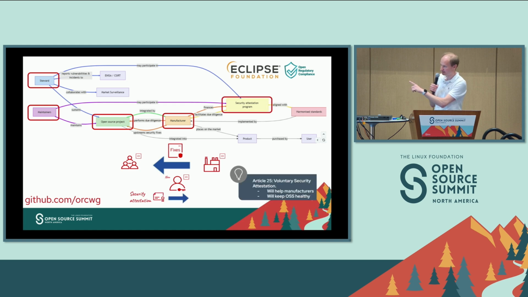But in return, there is an expectation that either stewards or open source projects themselves would somehow produce security attestation, or, if you wish, declaration of conformity for respective open source projects, which can then be consumed by manufacturers and consumers as evidence of compliance to CRA, okay?